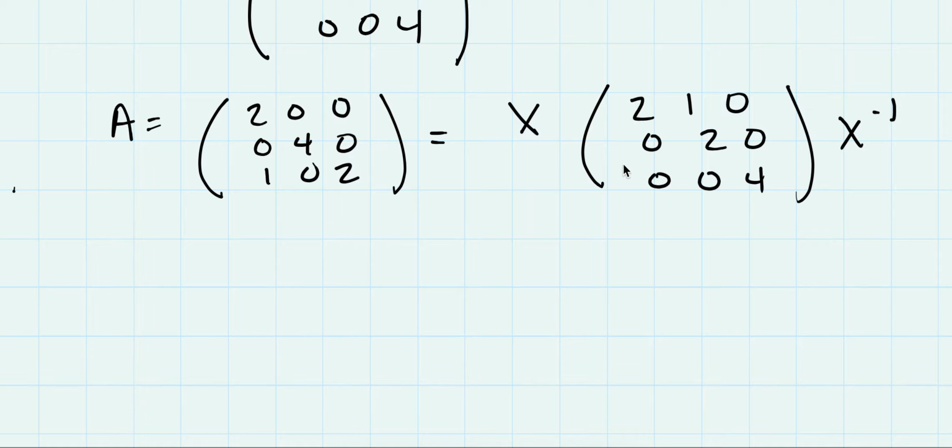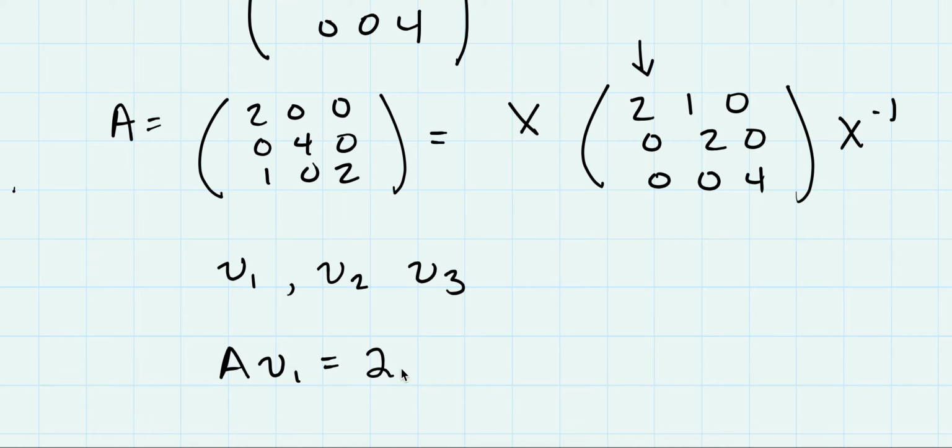So you know what the eigenspaces for 2 and 4 are. So you need to find a basis. You need to find vectors v1, v2, and v3, such that, you see that this column here, we get that A times v1 is equal to 2v1.